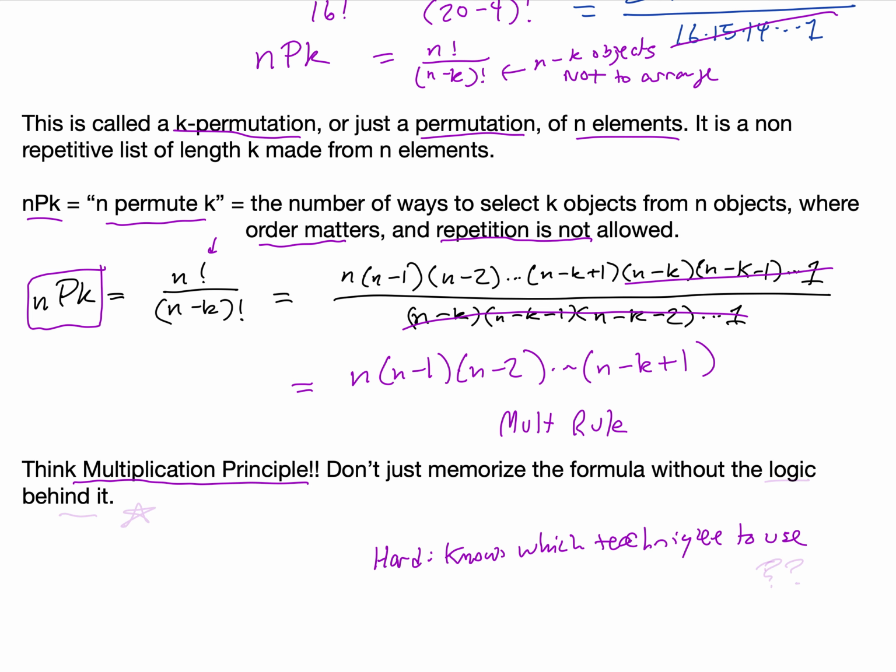Should I be using just the plain old multiplication rule? Should I be using combinations, which we'll learn later? Should I be using the addition and subtraction principle, etc.? So the hard part is knowing what to use where. So memorizing the formula is something, but understanding the logic behind it is really the important piece.